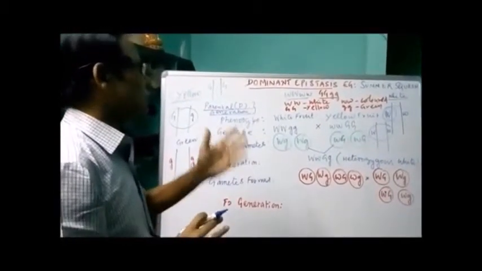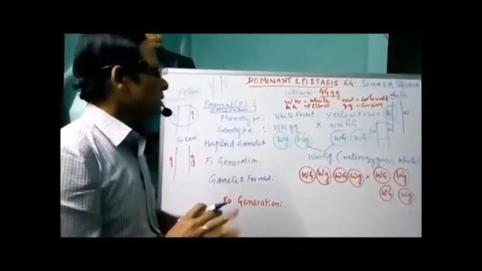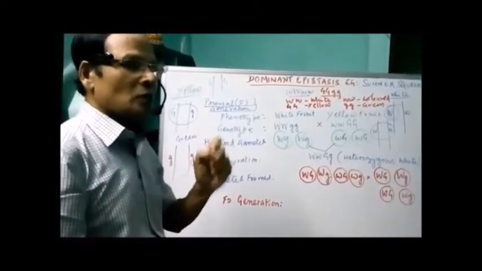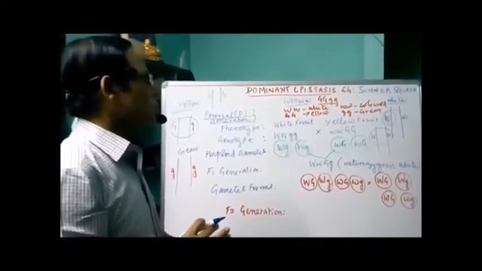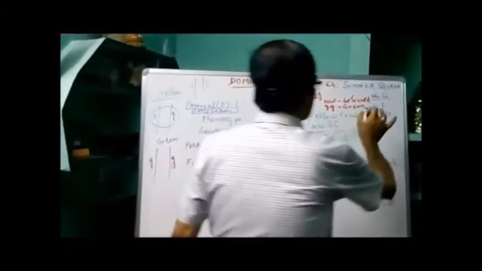Now we have to go further. I mentioned already, in the case of summer squash, the fruit color locus has a dominant gene, W, which is for white color.